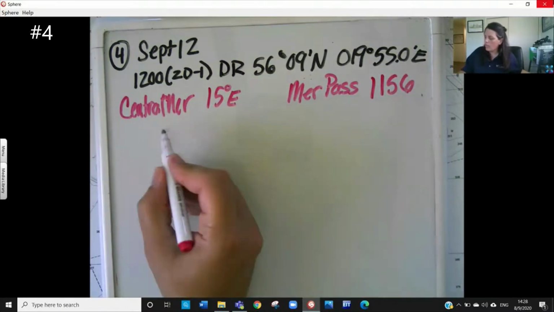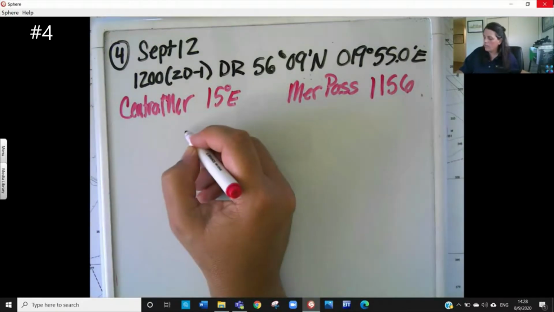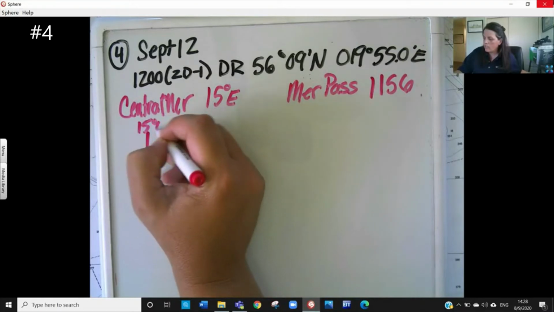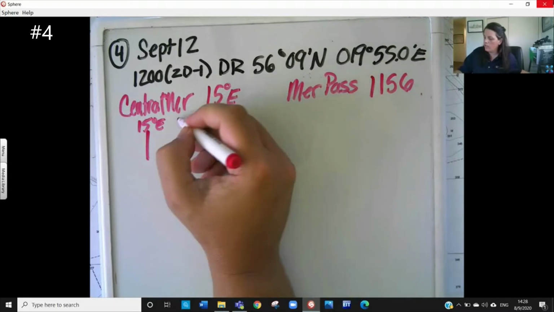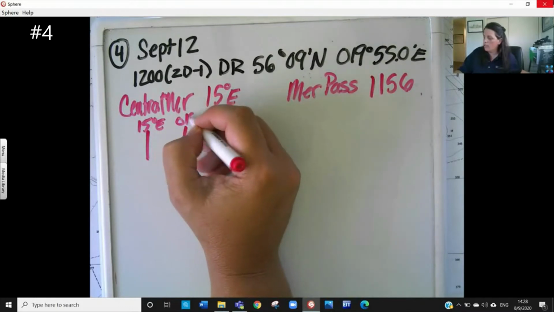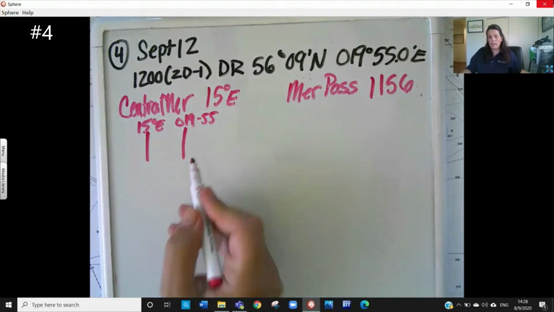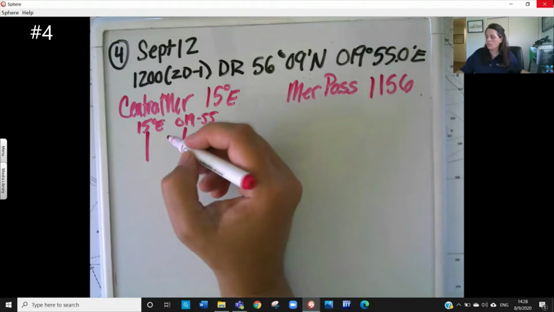So if we draw out our situation, we have 15 degrees east, and then our longitude of 019°55'. So the sun will pass us before it gets to the central meridian.